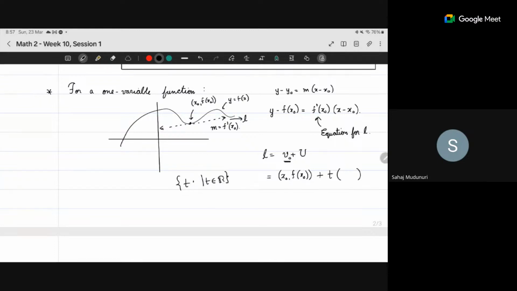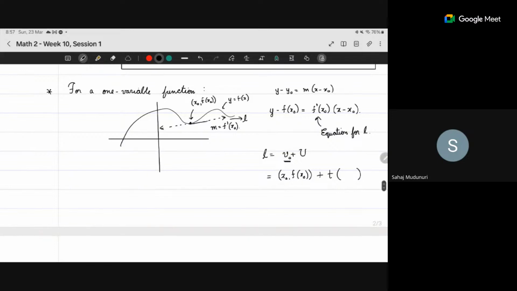I should not use this again; I'll use t times u naught. Is this not a one-dimensional subspace? Yes, and all one-dimensional subspaces are of this form. So I want a vector which I can use as a representative for all the vectors in that subspace.